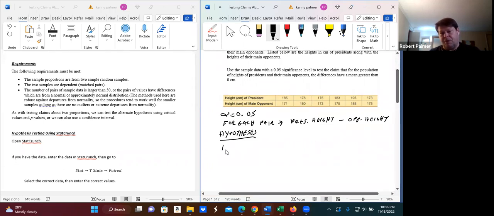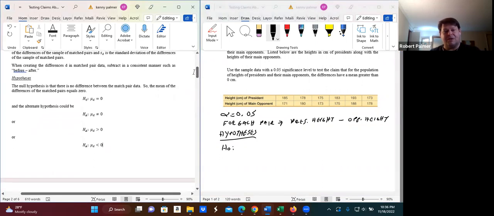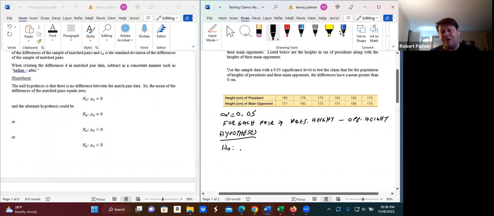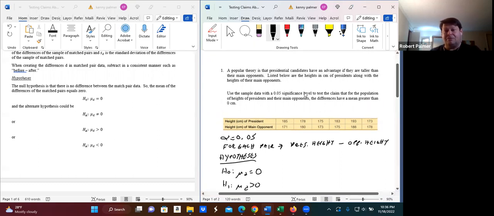So our null hypothesis is going to be that the mean value of these differences is equal to 0. Basically, there's no difference between the heights of presidents and the heights of their opponents. And then the alternate is that this mean difference is going to be greater than 0. That's the claim, that presidents have an advantage. So we want to do it as presidential height minus opponent height.